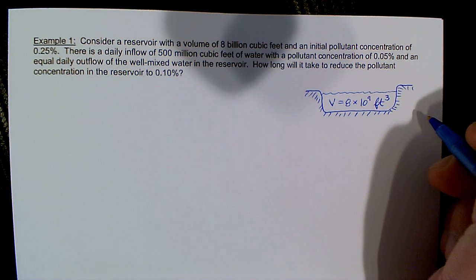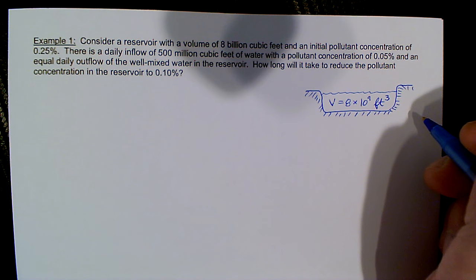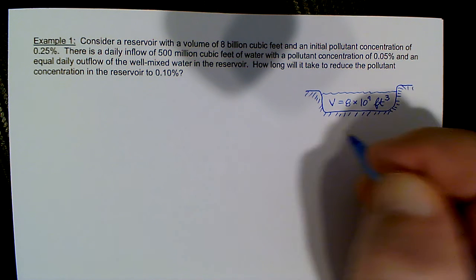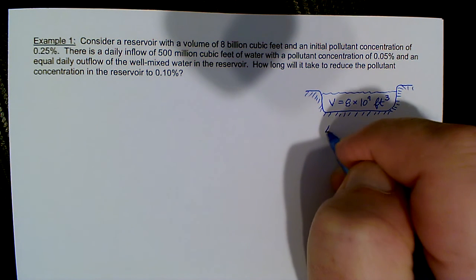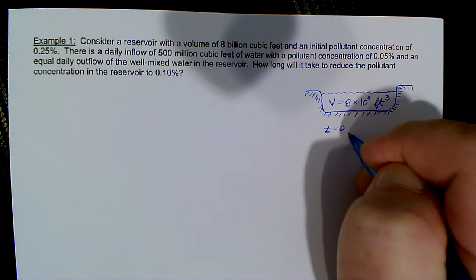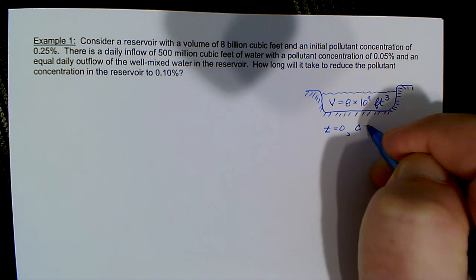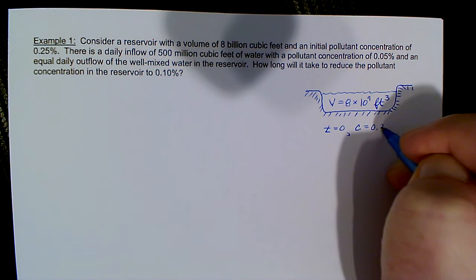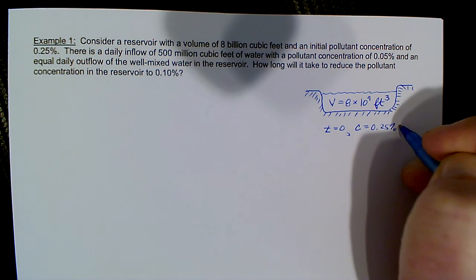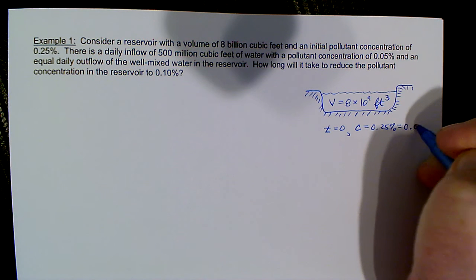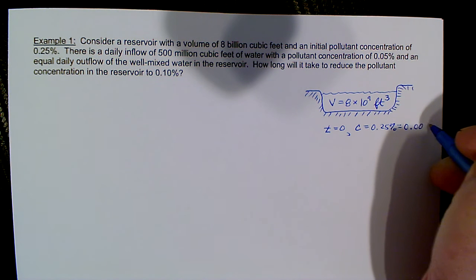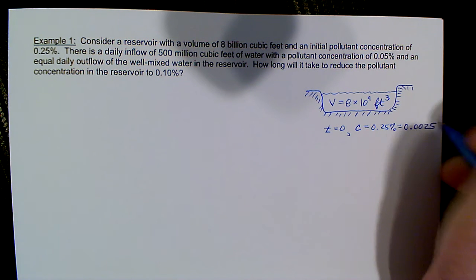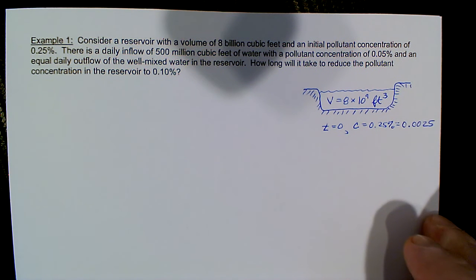Okay, so then it goes on to say that there's an initial pollution concentration of 0.25%. So at T equaling 0, the concentration is 0.25%, which will convert to a decimal, 0.0025.